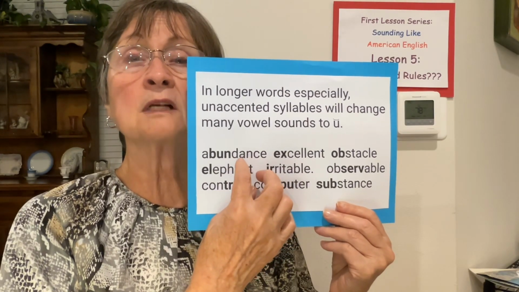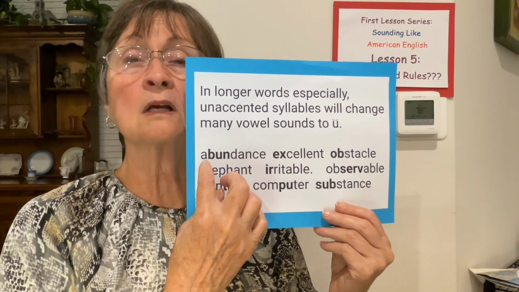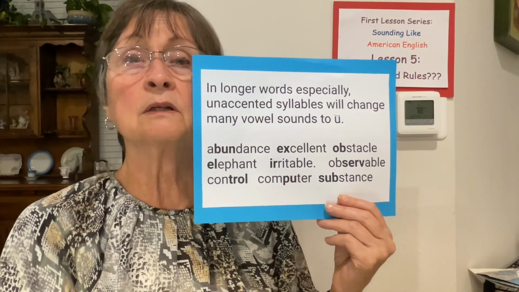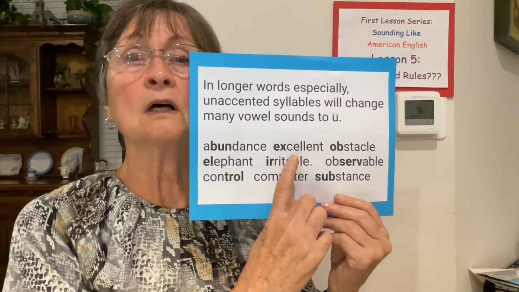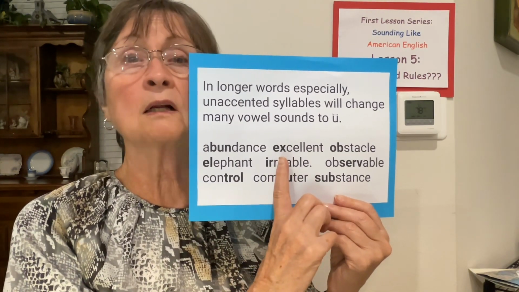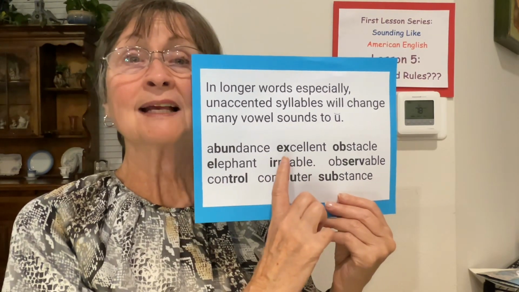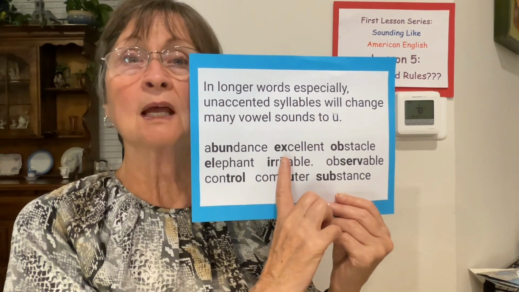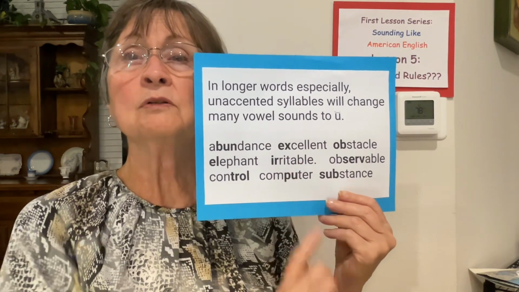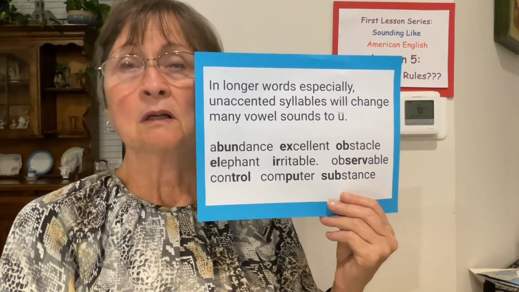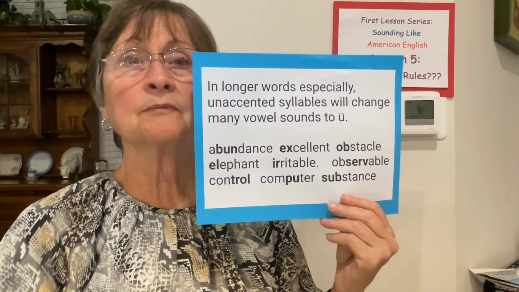Abundance. This sounds like a short U. This sounds like a short U. Abundance. Excellent. We're more likely to say excellent with a schwa. It looks like excellent, but we're going to say it with a schwa. Oh, you did that. Excellent task.